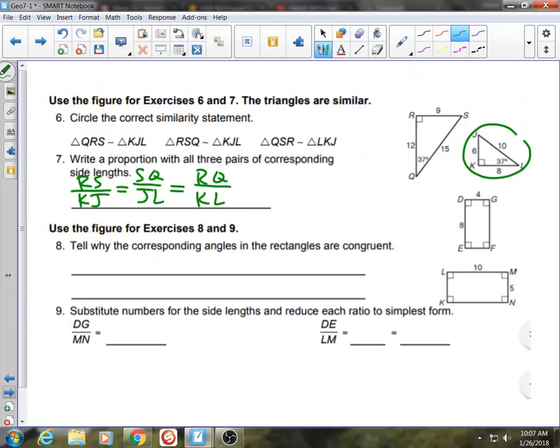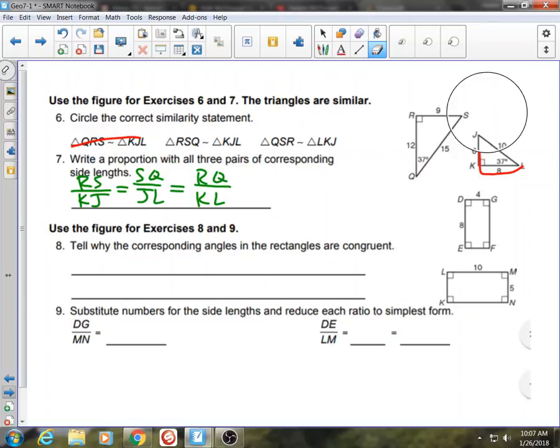Then when I'm talking about naming them, I want to go in order around my triangle. So if I started with this one, and if I said QRS, going around, that would have to match up with LKJ. But that's not LKJ, so that's not the answer. All right.